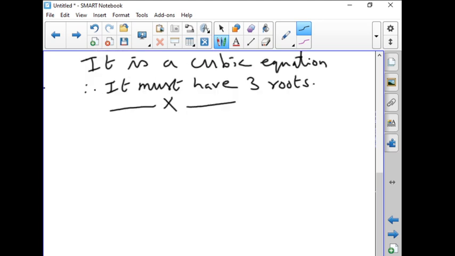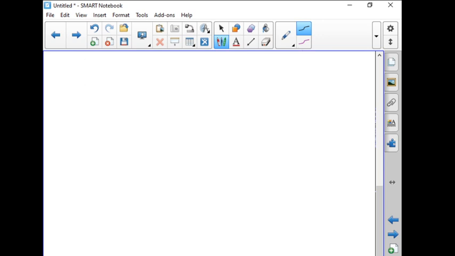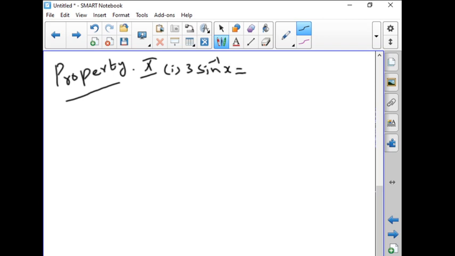Now we will do a few examples, which are different, and also we will see the 10th property, that is the last property. What is given? First one is 3 sine inverse of x is equal to sine inverse of (3x minus 4x cube), x belongs to [minus 1 by 2, 1 by 2].